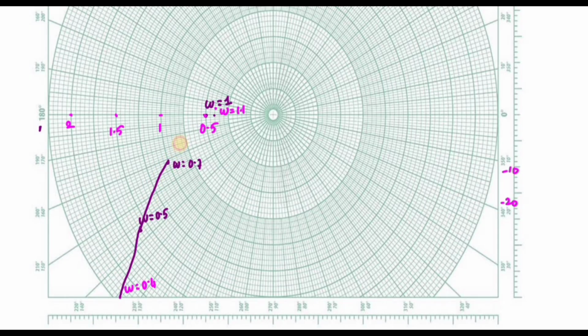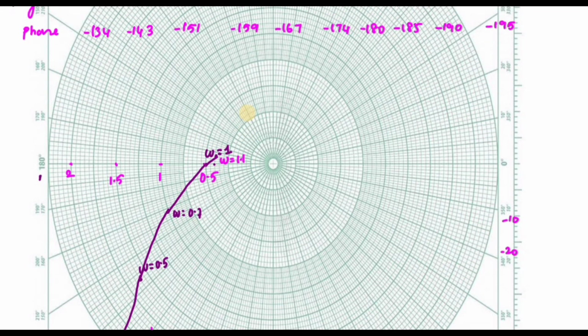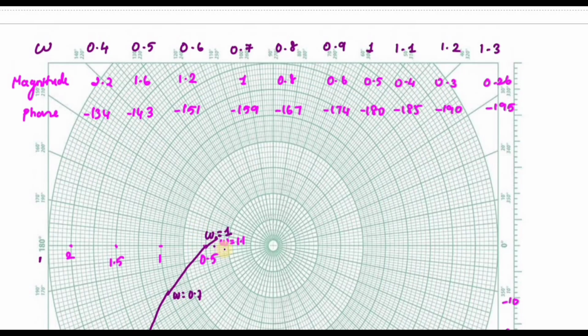So these points are fair enough to calculate the gain and phase margin. So the 0.3 and 180 you have it here.